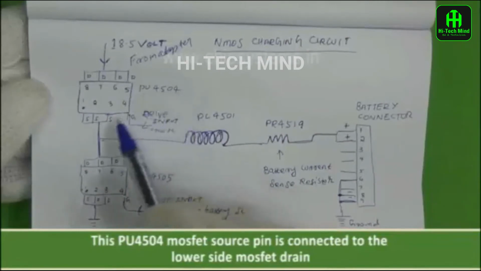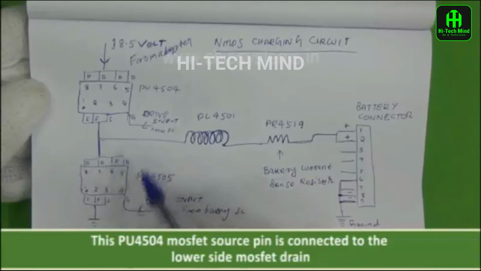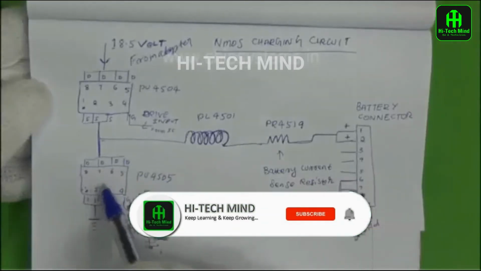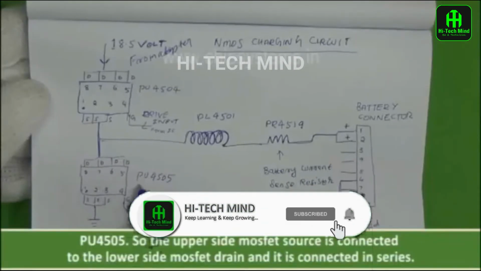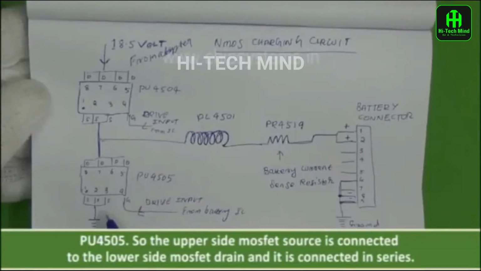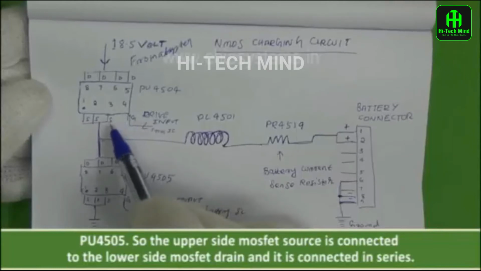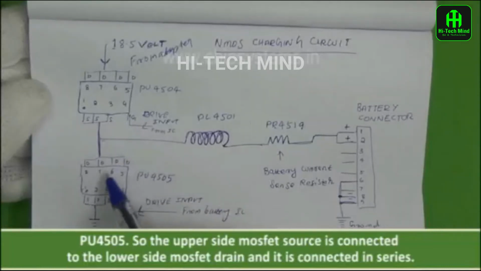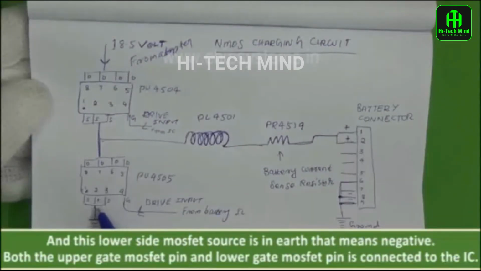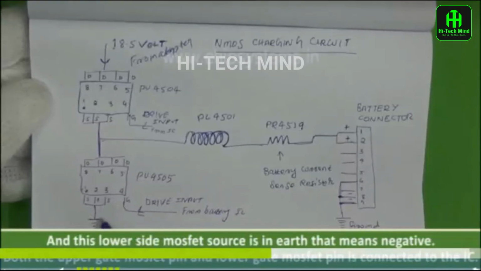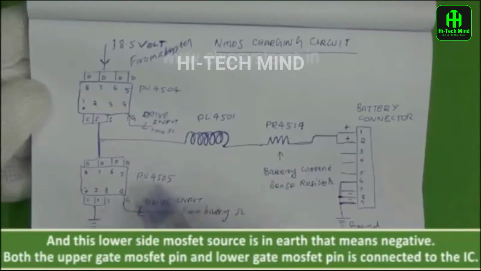PU4504 MOSFET source pin is connected to the lower side MOSFET drain, PU4505. So the upper side MOSFET source is connected to the lower side MOSFET drain. It is connected in series, and this lower side MOSFET source is connected to earth, that means negative.